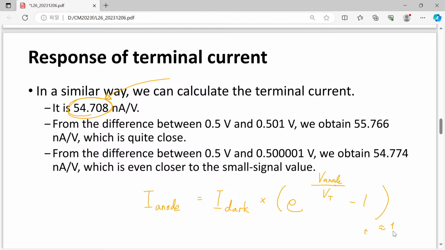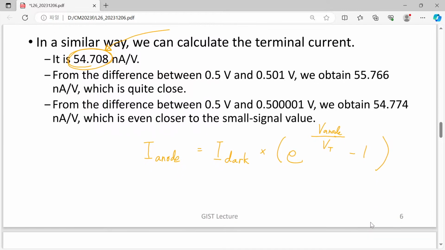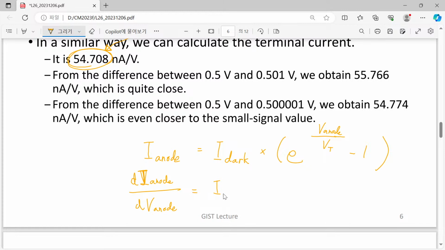So what you can expect from this simple expression is, wow, when we calculate dI anode over dV anode, that will be simply I dark times 1 over Vt exponential V anode over Vt.